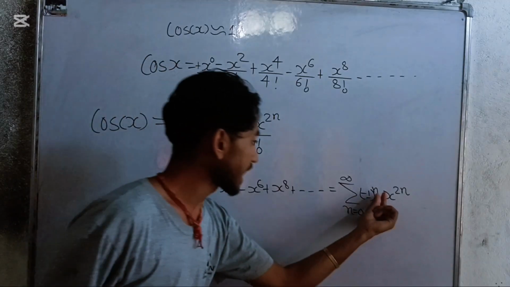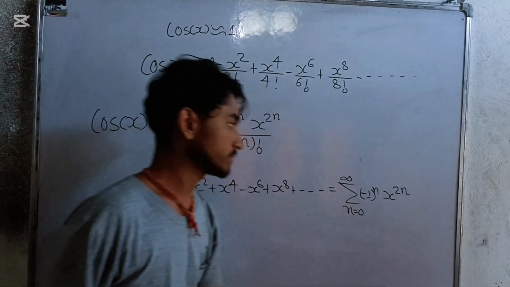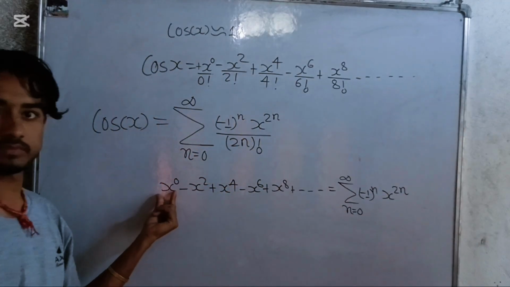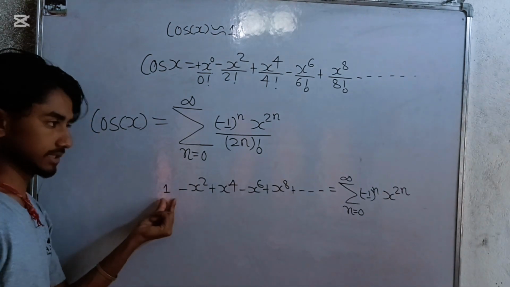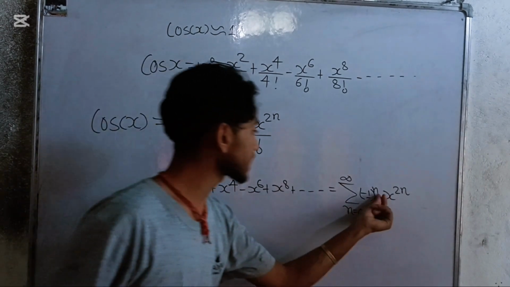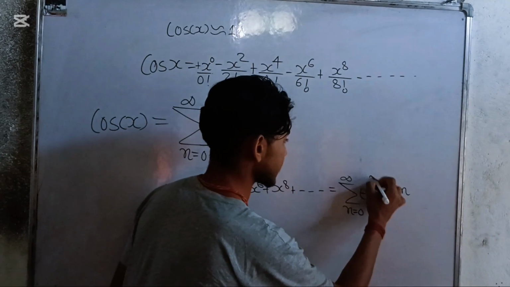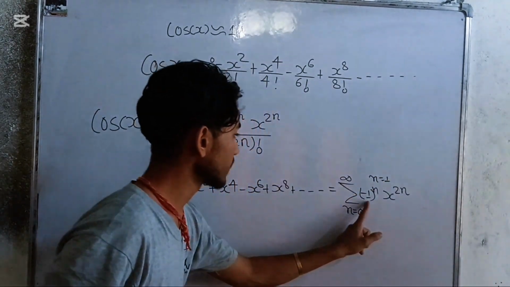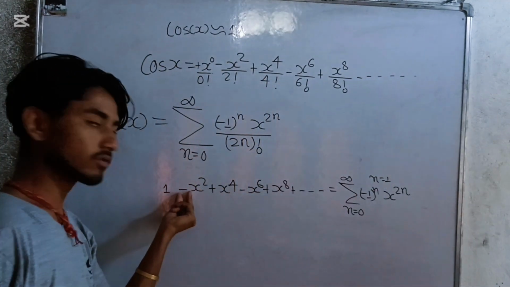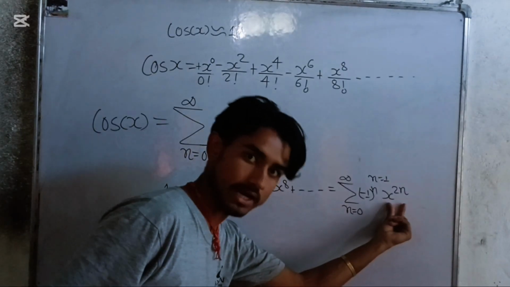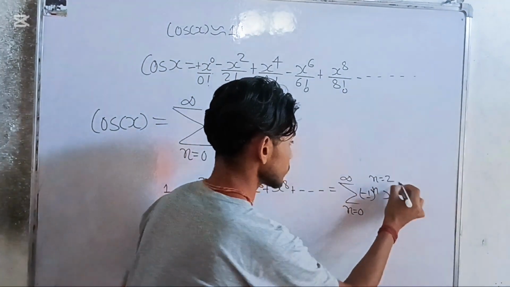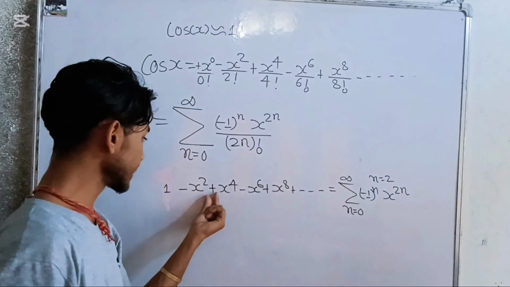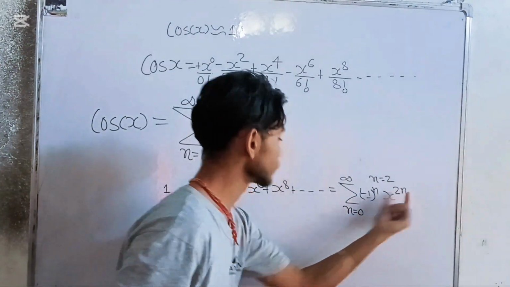Once you put n as 0, you get this first term 1. If you put n as 1, you get minus 1, the sign has come out, and you get x squared. And if you put n as 2, minus 1 squared is positive, and you get 2 times 2 is 4.